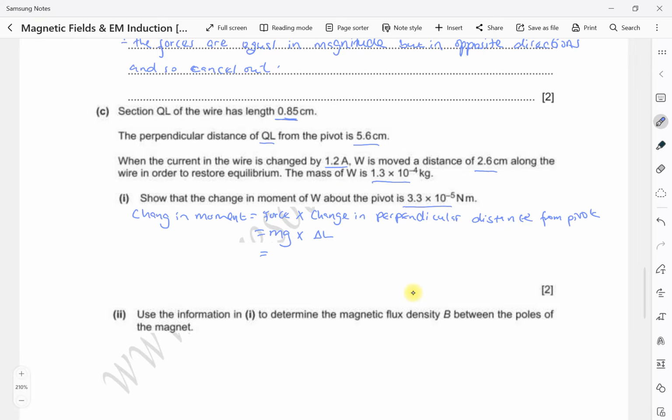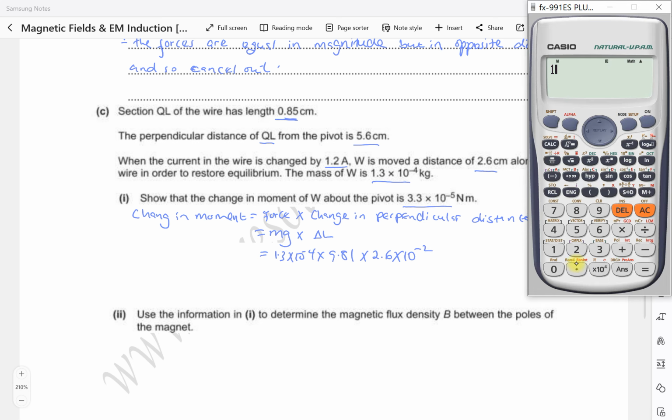So the mass of the weight is given as 1.3 times 10 to the power of minus 4, times 9.81, then times the change in the perpendicular distance, which is 2.6 times 10 to the power of minus 2. So that is 1.3 exponent minus 4 times 9.81 times 2.6 exponent minus 2.